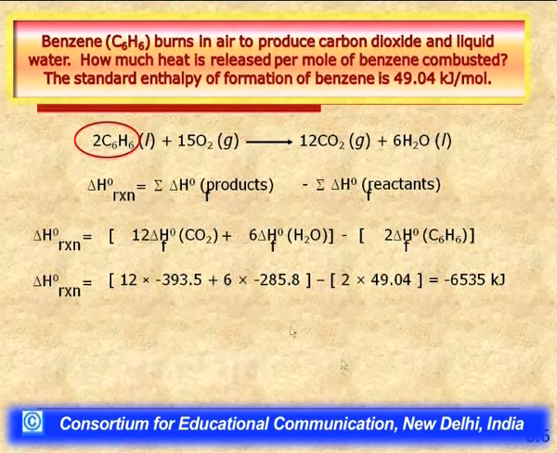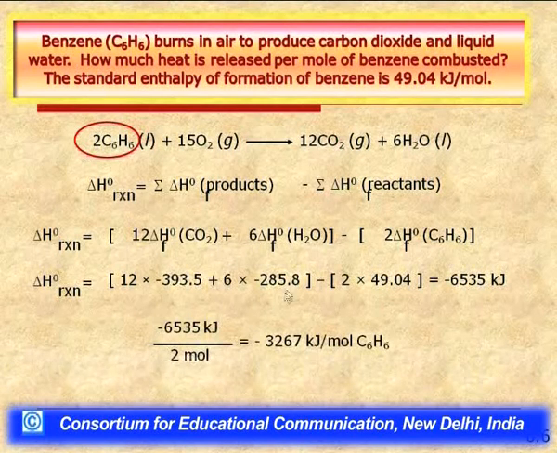So, all we need to do is divide the resultant value by 2, the stoichiometric coefficient of benzene, to bring it to 1. Therefore, we get minus 3267 kilojoule per mole as the standard enthalpy of combustion of benzene.